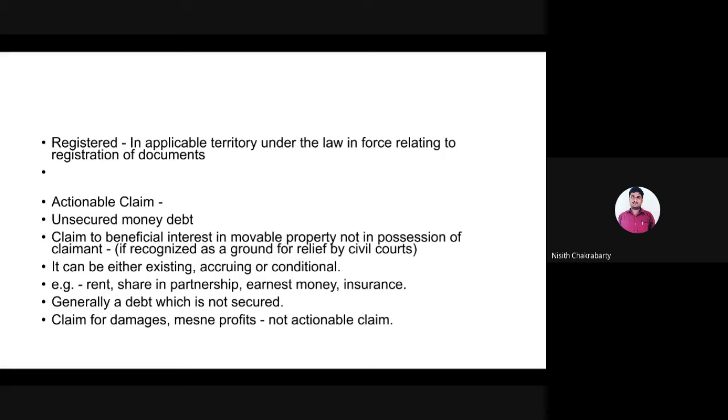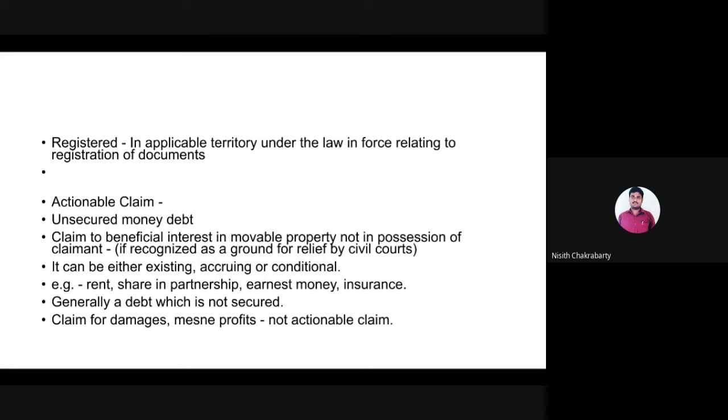Then in that case, a very raw example would be insurance. You have taken insurance, suppose a term insurance, and the person who has taken the term insurance died. The insurer has only given you a bond, they have not given you the money, the 1,00,00,000 rupees of insurance you took.